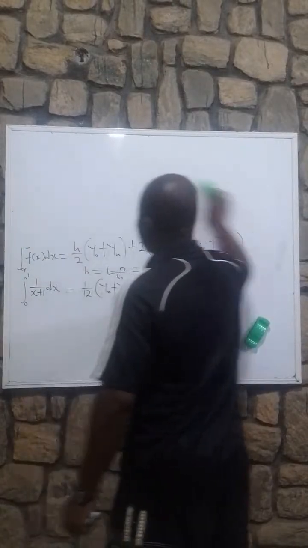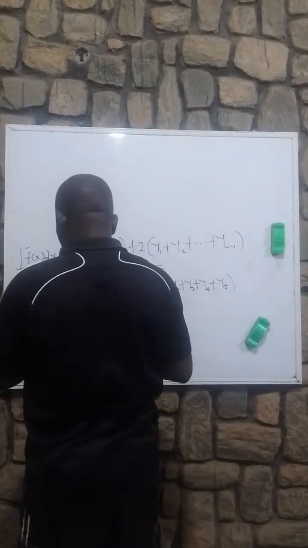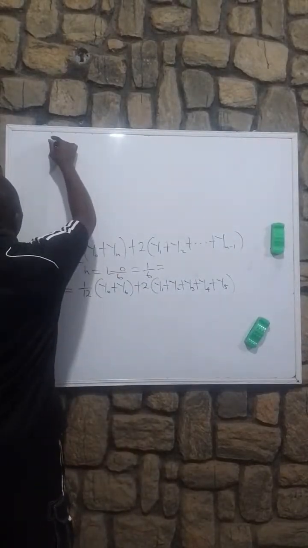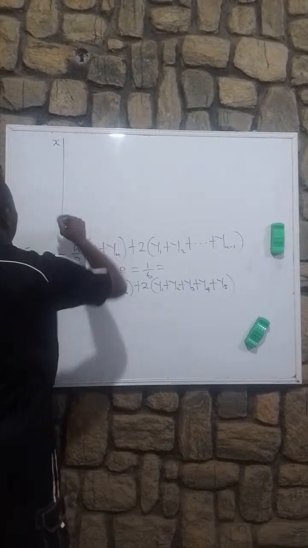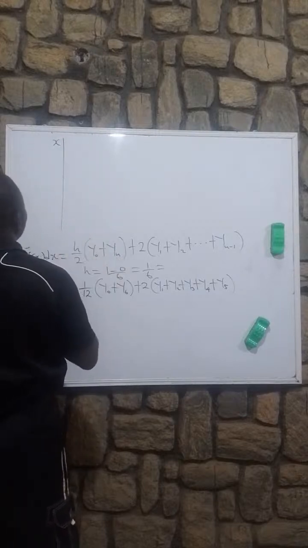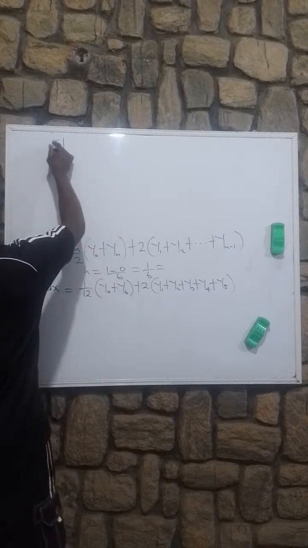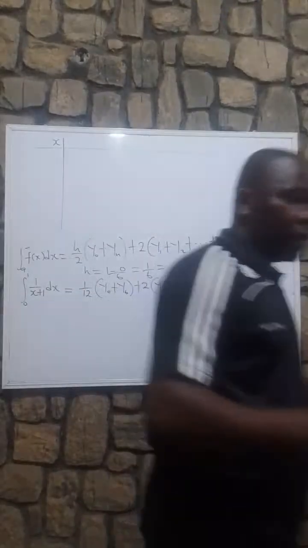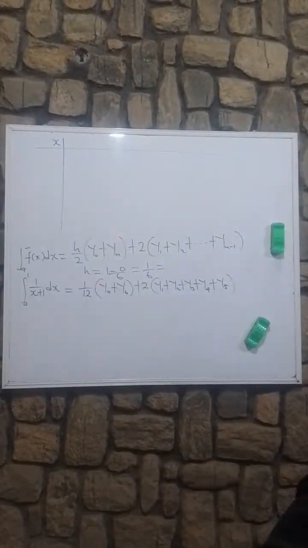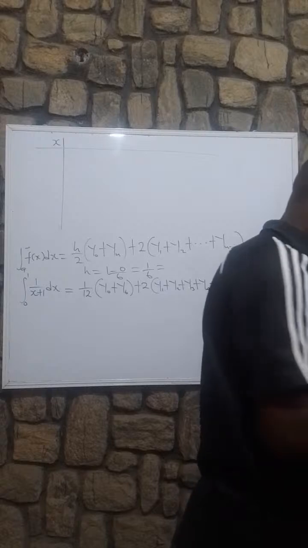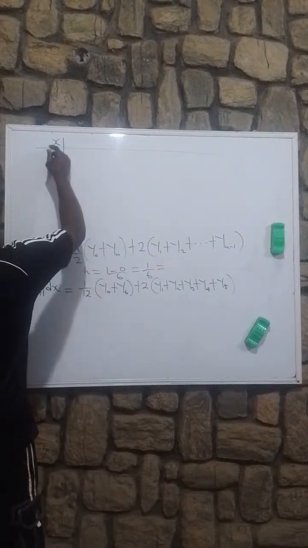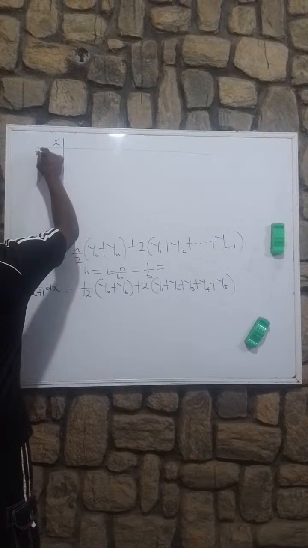So let's have it in this form. This is x. Can you see now? Let's try this. This is x1. X0 equals 0.